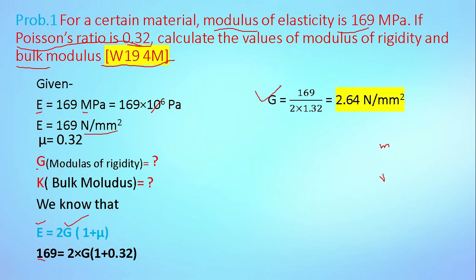So modulus of rigidity G is 169 divided by 2 multiplied by 1.32, so G becomes 2.64 Newton per mm square.